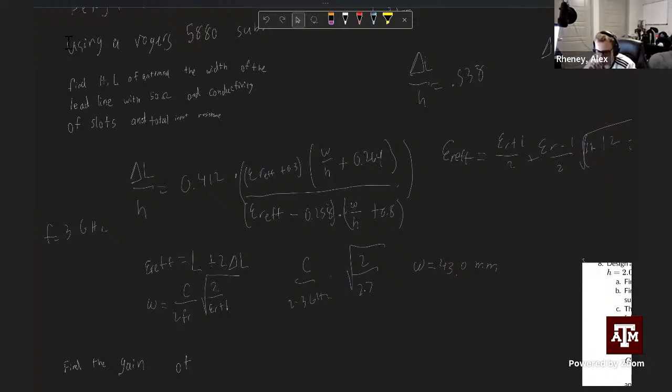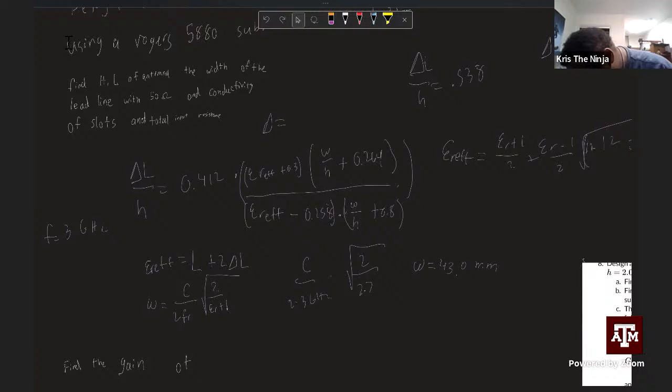So I guess 1.668 millimeters is our delta L. Yep, so delta L. And then the H and L, that was because I thought we were able to find H, but we're not able to find H.